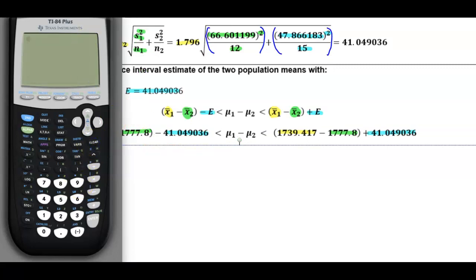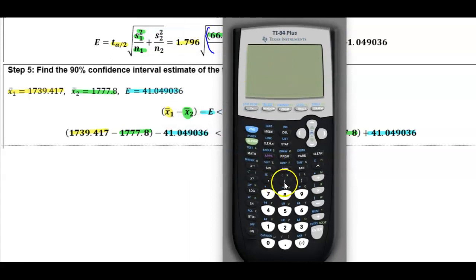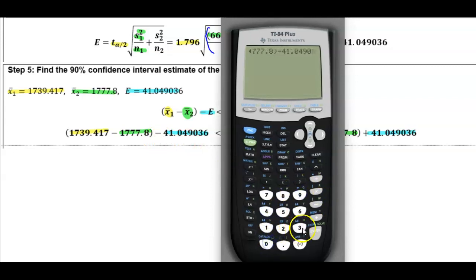So for the first one here on the left side, we have parentheses 1739.417 minus 1777.8 in parentheses, and then we're going to subtract 41.049036, and that gives us negative 79.432036.